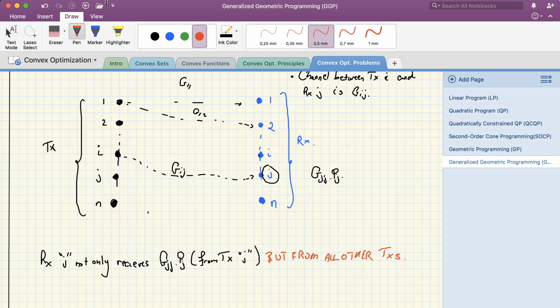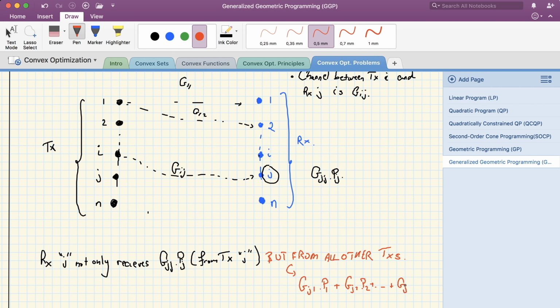So from all other transmitters. And how do we model that? What is the undesired, let's say, power received? It is from all transmitters other than j, right? So it will be Gj1 times P1 plus Gj2 times P2 plus, now we're going to have to exclude this guy because this is not part of the undesired signal or the interference.